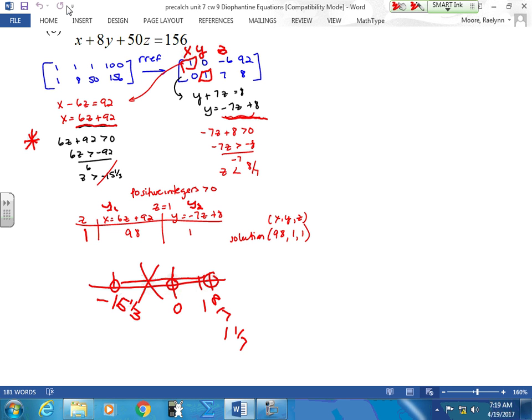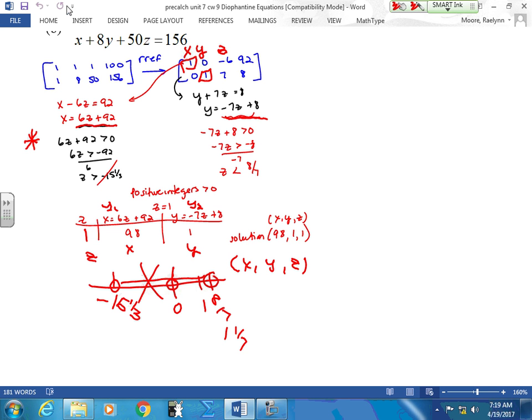A lot of times you do this, you get like 10 of these things, 20 of these things, but only like a couple of them work. So put this in your y1, just use an x, put this in your y2, use an x, and pull up your table. That's your solution. But remember, this is x, y, and z. So you just have to rewrite this x, y, and z.